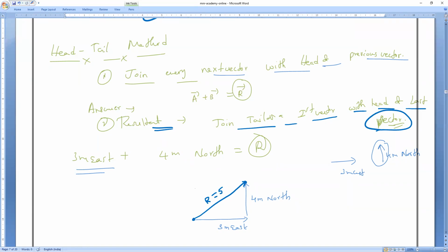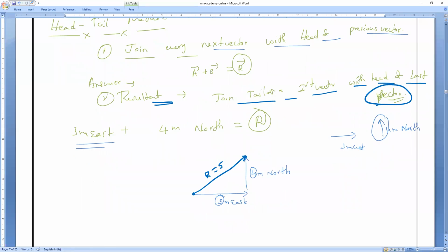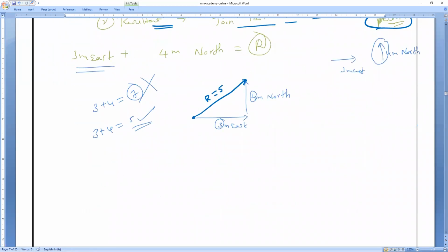If this is 3 and this is 4, what is the resultant vector? 5. So 3 plus 4 is not 7, it equals 5. Understood?